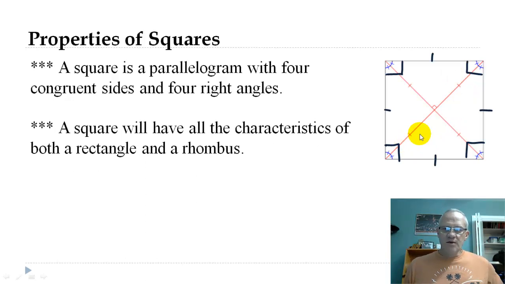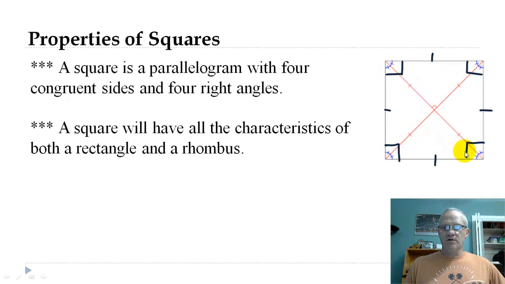So key thing here to keep in mind, and that's why I picked this one with all these diagonals here, a square is going to have all the characteristics of a rectangle, but also a rhombus. And so what that means is, remember a couple of things here, that in a rectangle, the diagonals are congruent. Guess what?